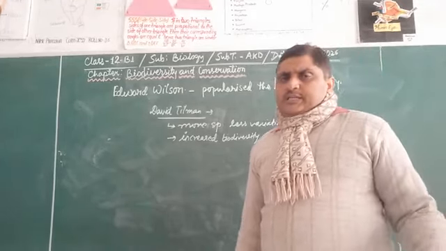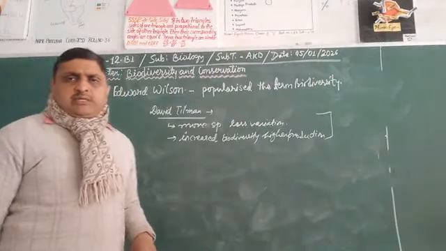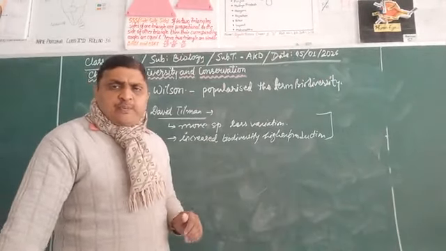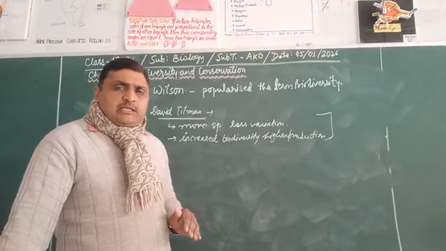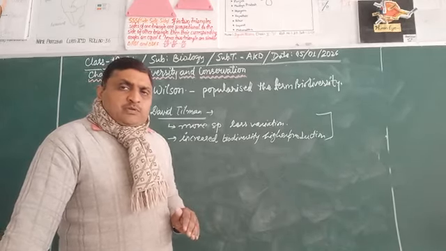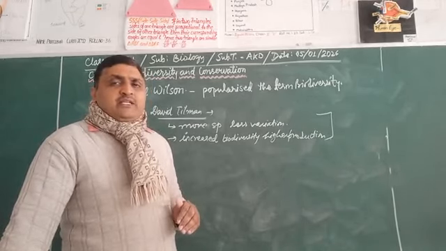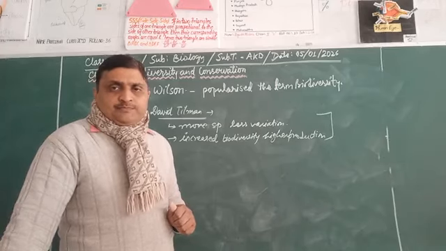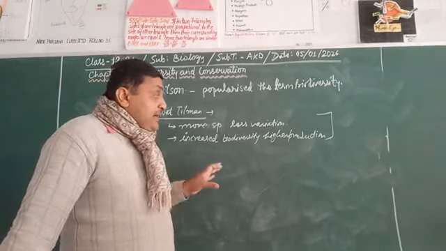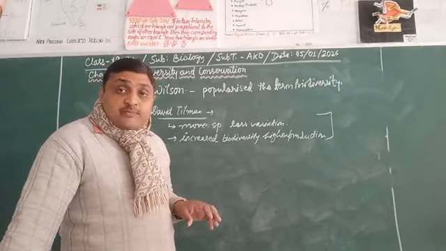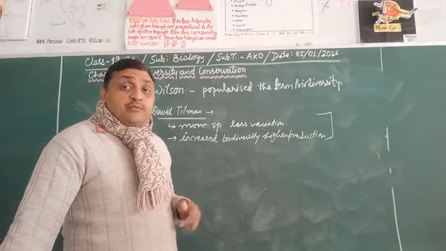We have studied that in an ecosystem there is the food chain, and if any trophic level is removed, the food chain will be affected and the complete ecosystem will be damaged. Similarly, in biodiversity there are species present, and if any species is removed from that biodiversity, the food chain will be affected.